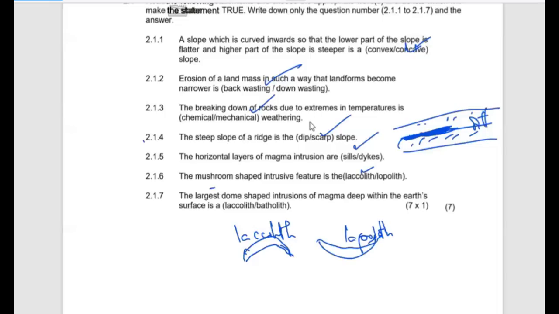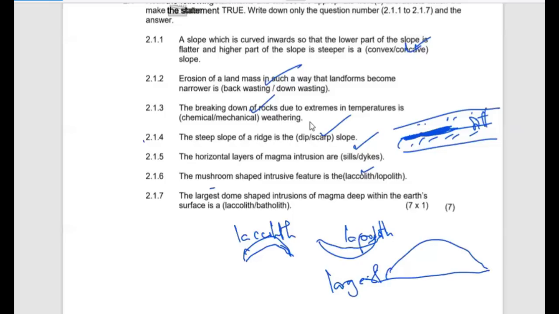Then the largest dome-shaped intrusion of magma deep within the Earth's surface. Dome-shaped, we are looking at a feature which has got a dome shape. But for this instance, we want the one which is the largest. Remember, on the intrusions, we can have some other dome-shaped features, but the difference lies with the size.